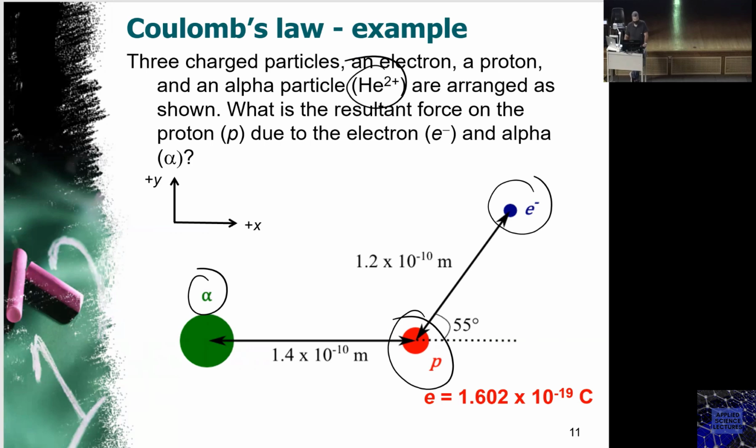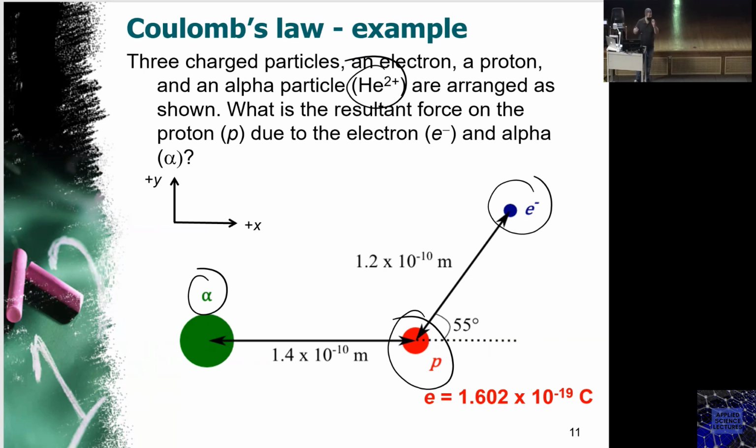Okay, so we need to calculate the resultant force on the proton due to the existence of the electron and the alpha particle. So our interest here is the total force exerted on the proton, not the forces on the electron or on the alpha particle.